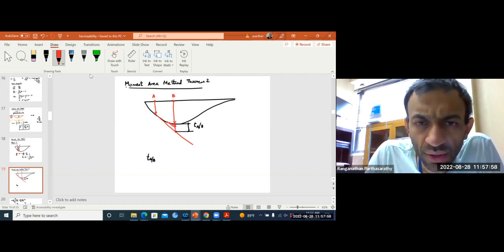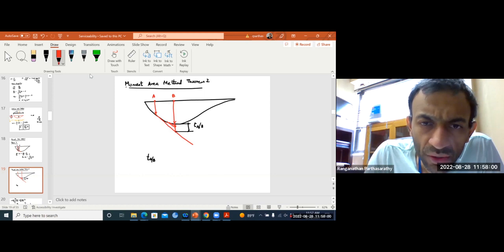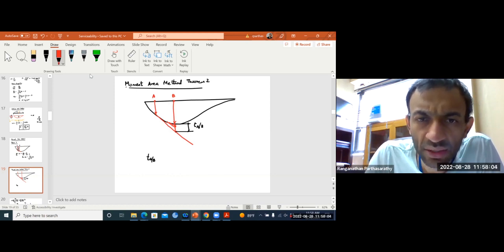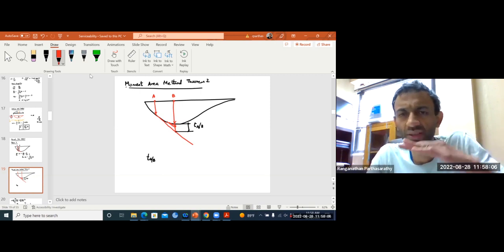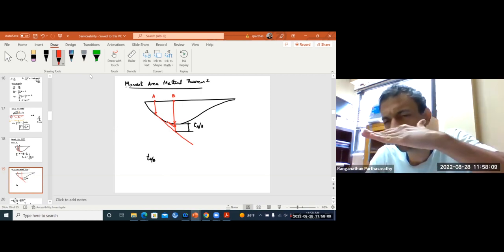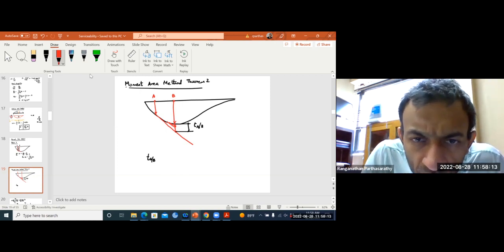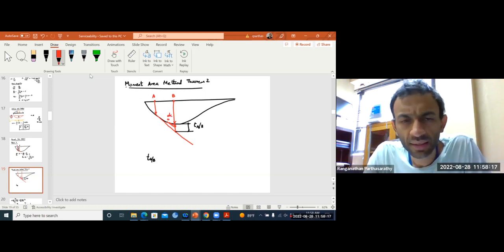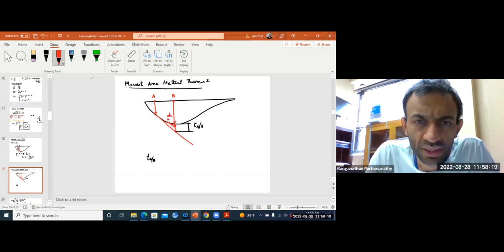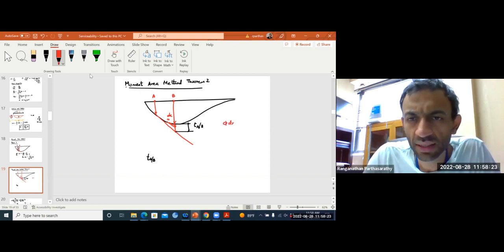Now you went through dx, right? Whatever is this change in angle, that times dx, because beam deflections are all very small, so this is almost very flat. If from here to here you have a dx distance, then the change in angle between them is phi dx, that is d theta.